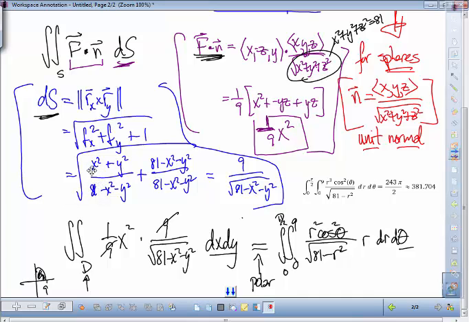This is f_x, x over this square root. The y, and then that would cancel with x and y. Square root of 81 is 9. I don't know, can anybody see a mistake?